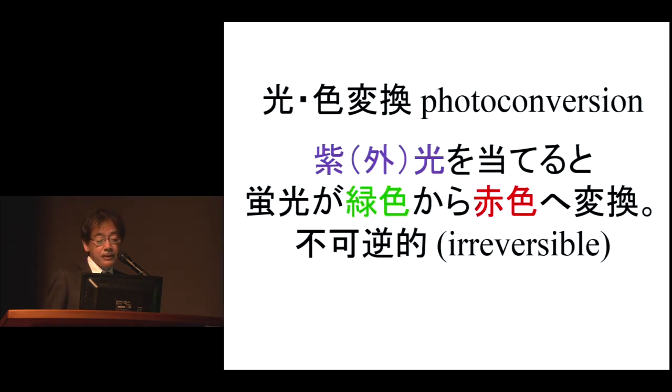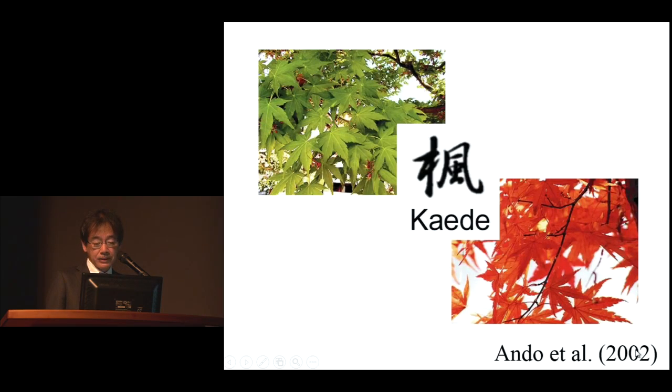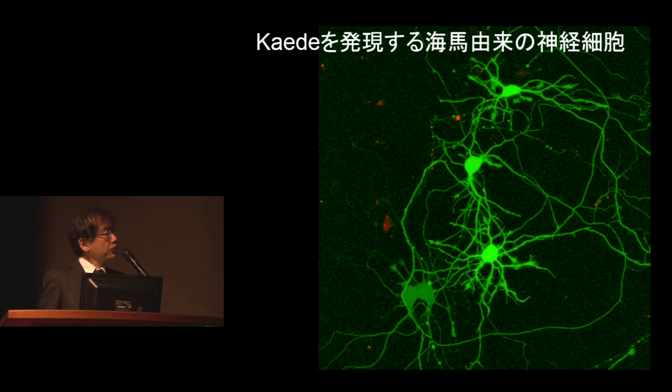Okay. So this was a serendipitous finding, and this is for the conversion. Originally the protein emits green fluorescence, but after irradiation with violet light or ultraviolet light, it becomes red irreversibly. And we named the protein Kaede, maple leaf in Japanese. And these three cultured neurons expressed Kaede protein. In the beginning it was green everywhere, so it was very difficult to delineate individual neurons.